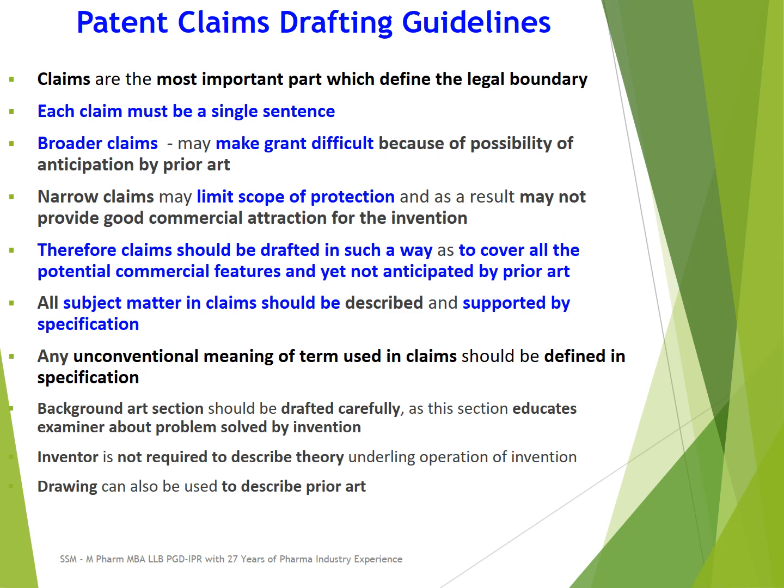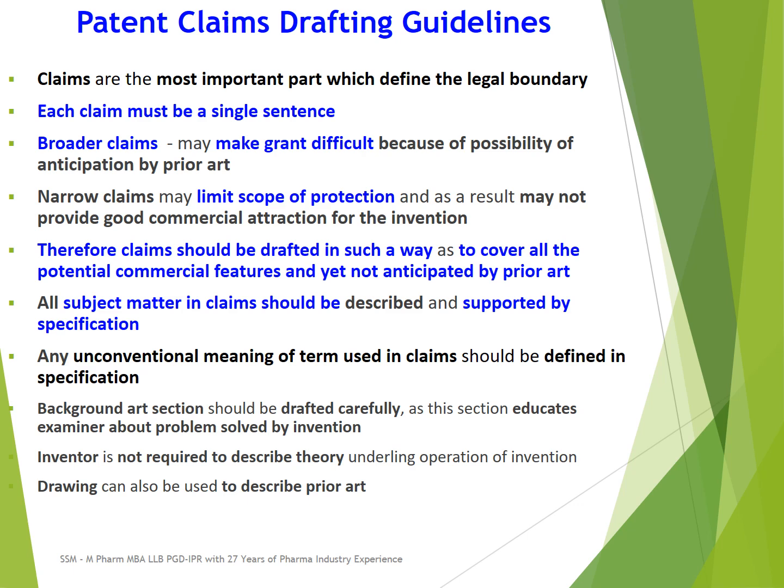patent claims. Each claim must be a single sentence. You read any patent document, read any claim. In each claim, you will find a single sentence. The full stop will come at the end of the claim. So in a claim, you will not find two sentences.